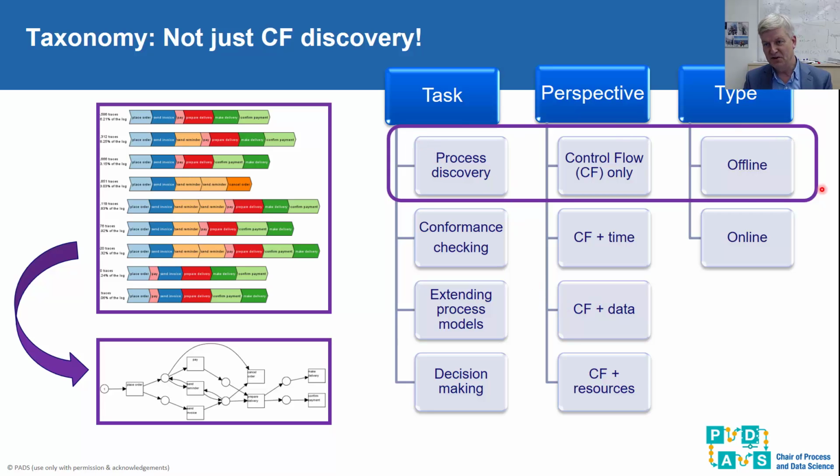What is important to note is that, of course, this is not a course on process mining, so we will only look at the tip of the iceberg and just see a few techniques. What I've been talking about so far only covers process discovery, only considering the control flow, so the ordering of activities, and this is done in an offline setting.